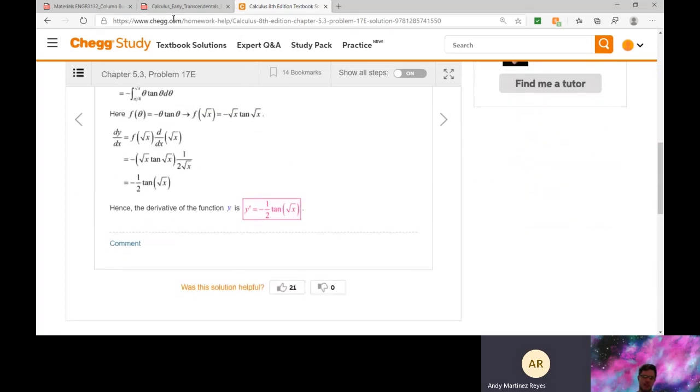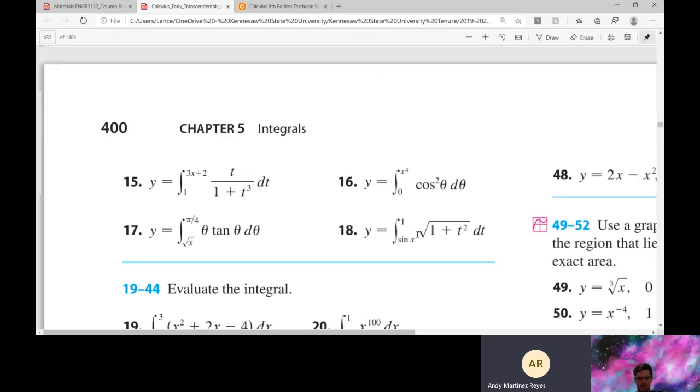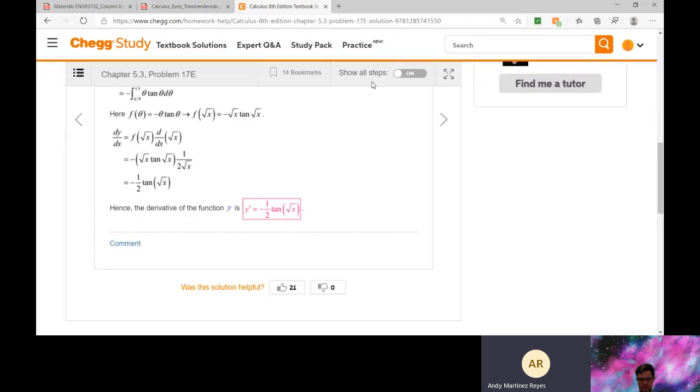Negative 1/2 square root of 10x. Yeah, because 1 over 2. Okay, I forgot that too. Last one. Negative square root of 1 plus sine squared x times cosine x.